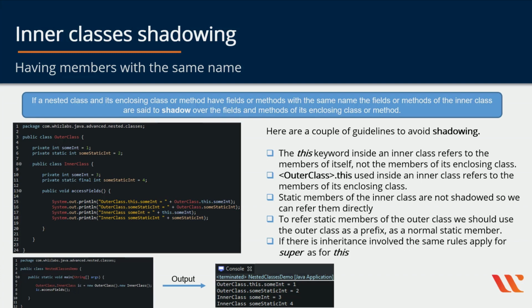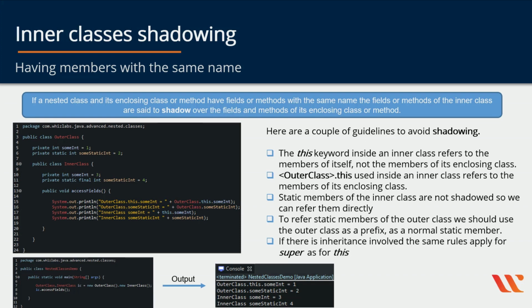We have OuterClass having instance field sumInt and private static field sumStaticInt. We also have an inner class called InnerClass, which again is having instance field sumInt and static field sumStaticInt. Please look at the accessFields method to see how we can access the different fields.